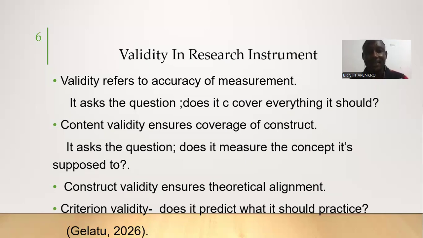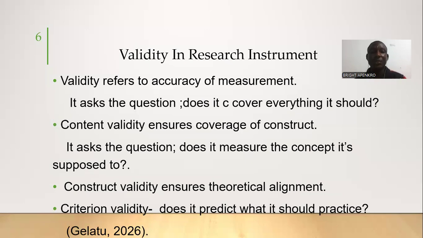Then we look at content validity, so the content of your instrument. When you take your questionnaire, what is the content? We are saying that the content should ensure coverage of the construct. When we talk about coverage, it's like a capture of the whole population you want to do your research on.